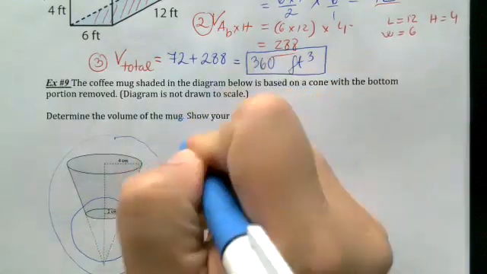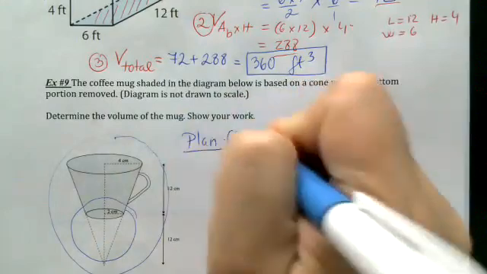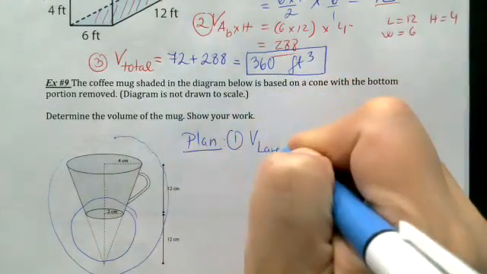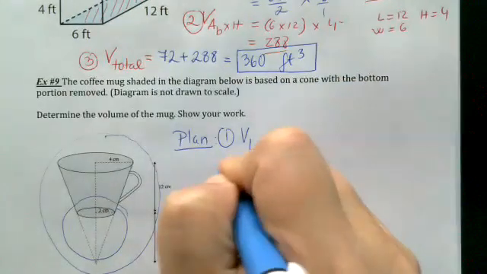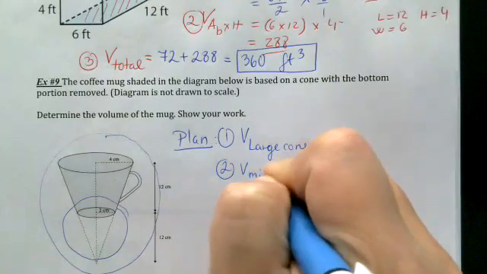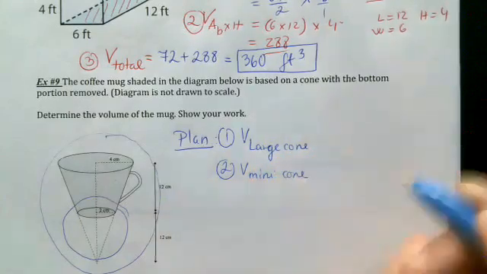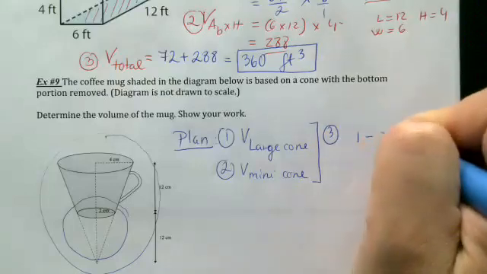So the plan for this one is as follows. Step 1, the volume of the large cone. Step 2, volume of the mini cone, and step 3 is 1 minus 2.